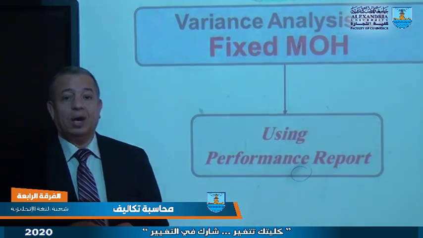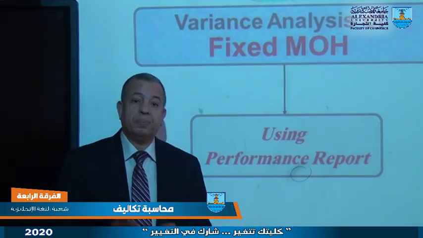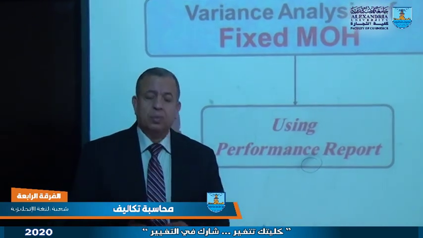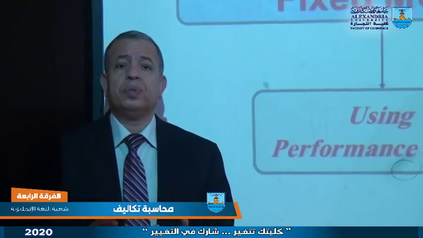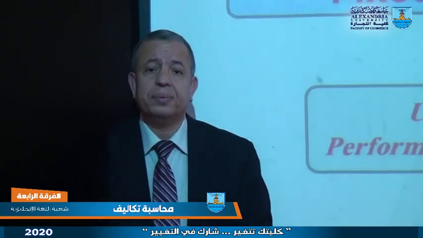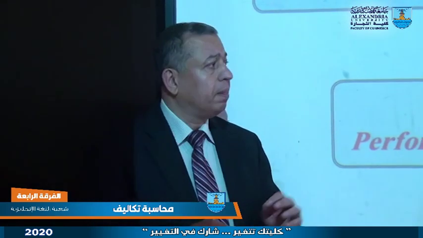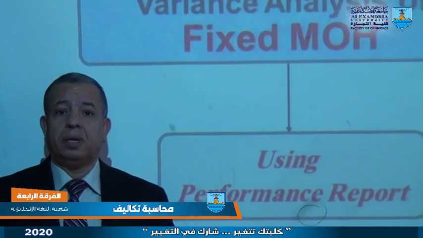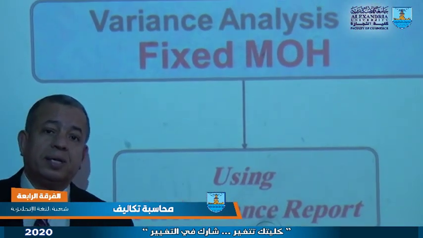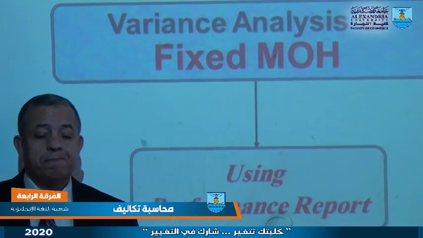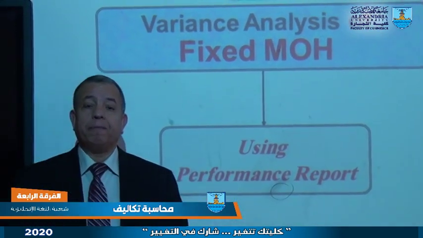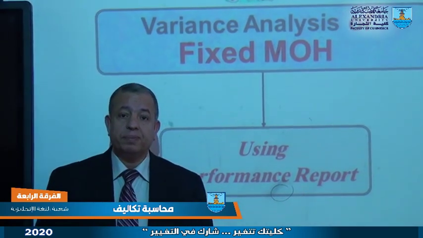Today, I will explain the last part in our standard costing variance analysis. I mean fixed manufacturing overhead. In direct labor, I use maybe equations, maybe performance report.